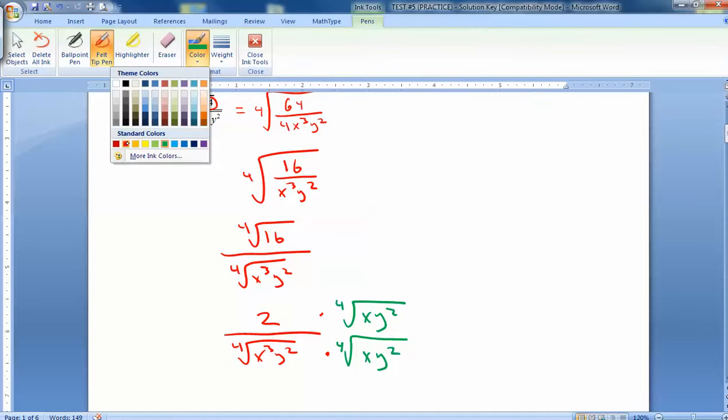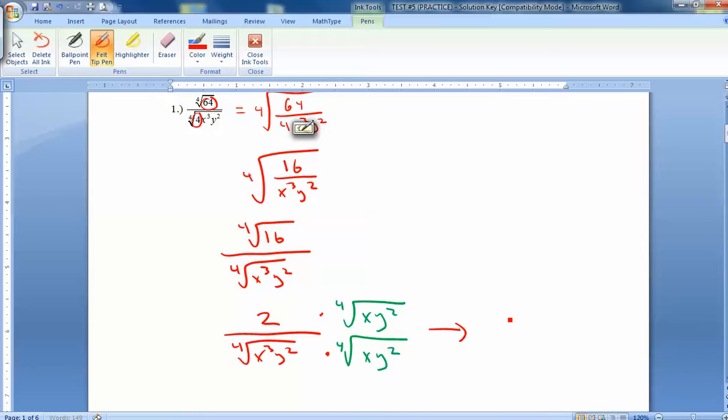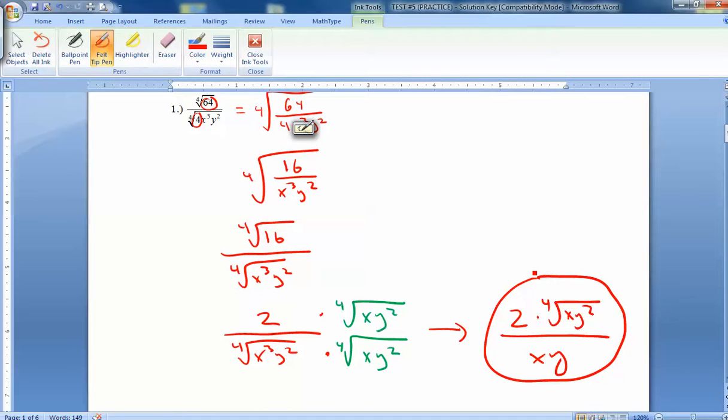So the final answer will wind up being 2 times the 4th root of xy squared over xy. So that's number 1.